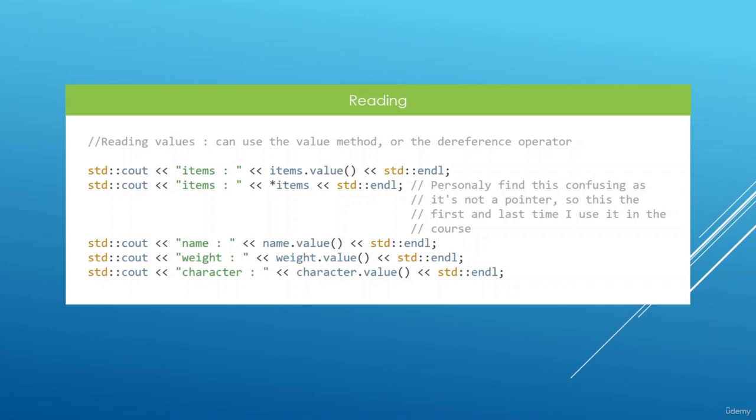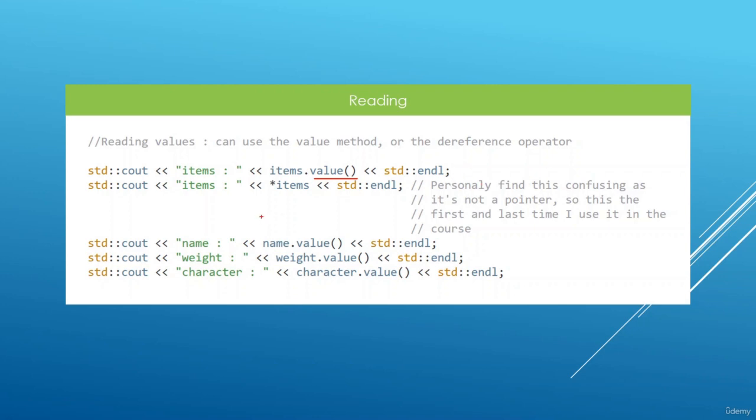And we have two syntaxes we can use. We can either use the value function on our std::optional variable. If we say items and say dot value here, we are calling a function on that type. This is going to give us the value the std::optional variable contains.